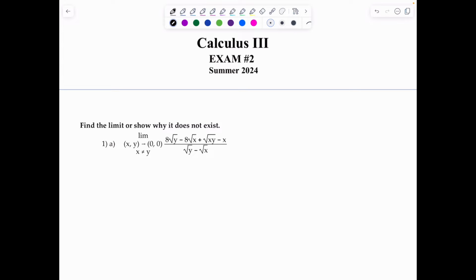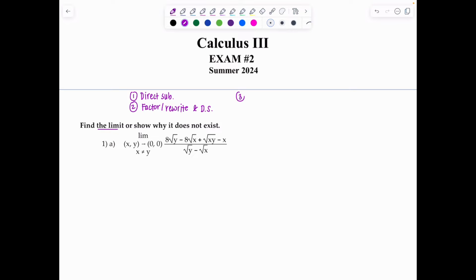So the first question dealt with limits, and the directions state, find the limit or show why it does not exist. Now, just as a recap, when you're finding a limit and proving that it does exist, you need to either do direct substitution, meaning you plug it in and you just get some sort of number. You need to either factor, manipulate, rewrite cleverly, and then do direct substitution.